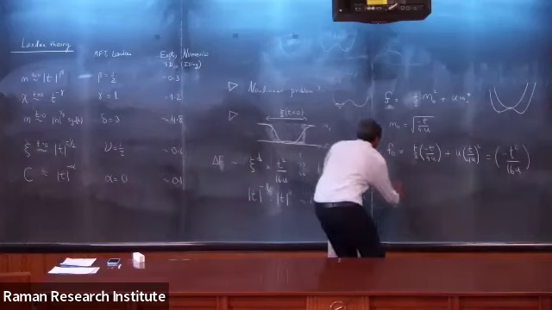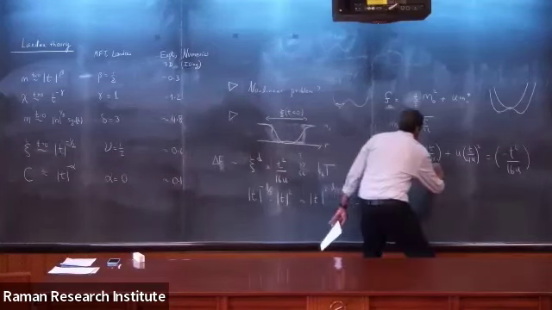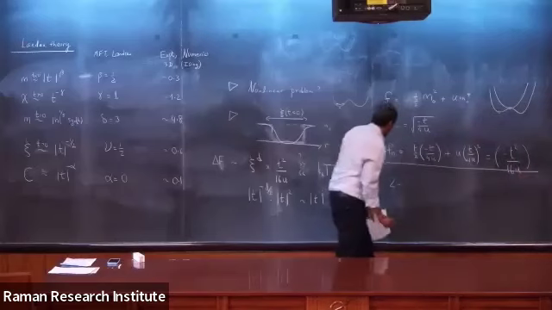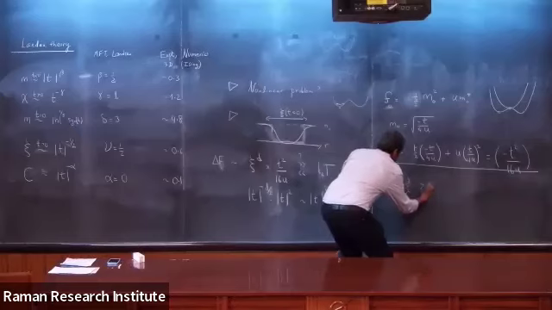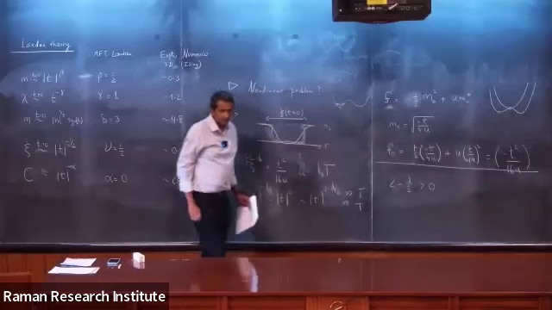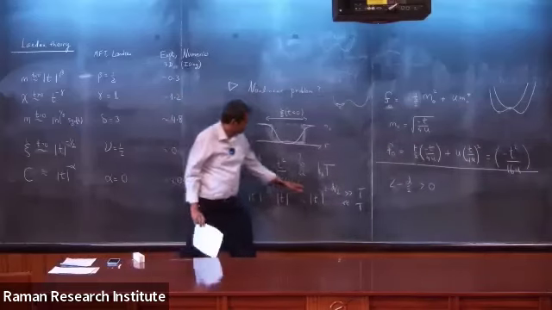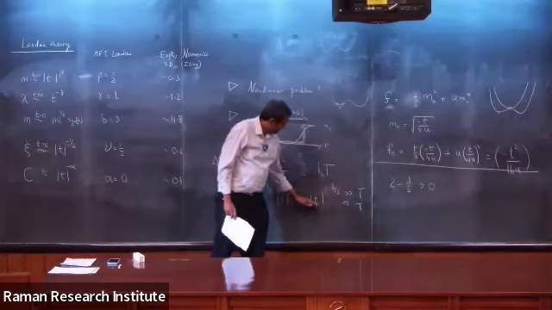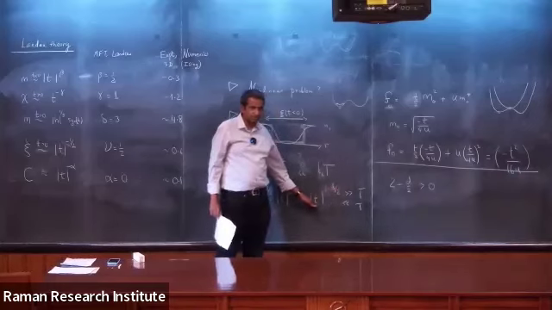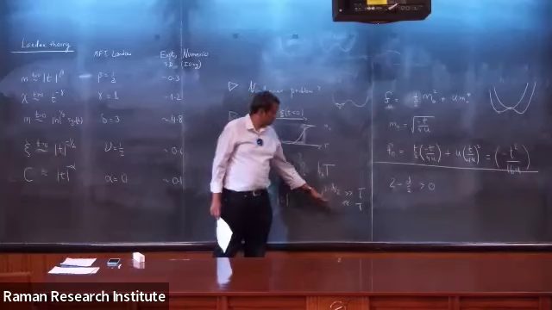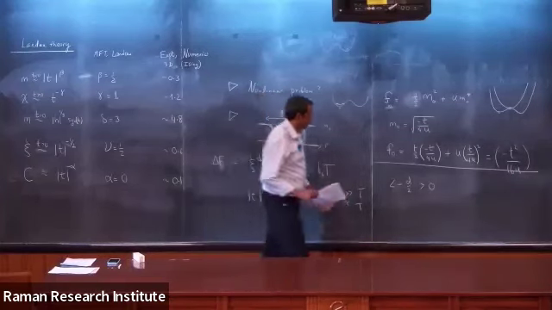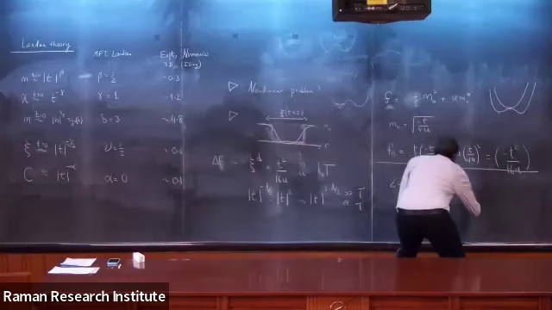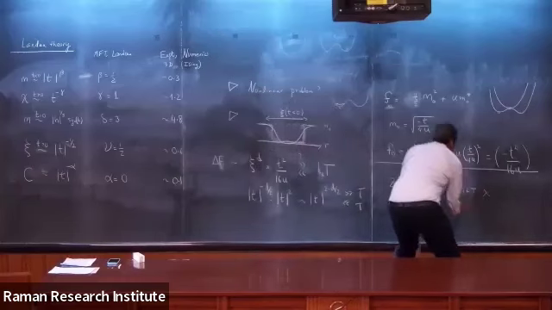So if 2 minus d by 2, if this exponent is positive, then we said that mean field theory would break down because the temperature will exceed this number. And so in this case, mean field theory is not good.